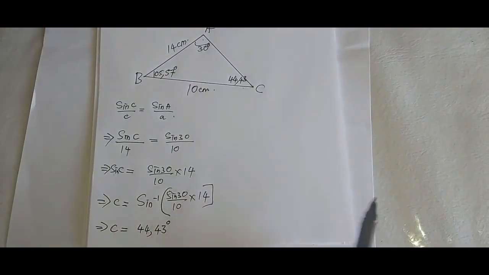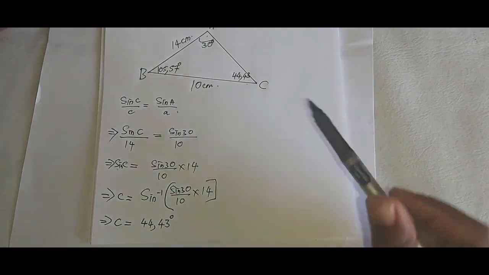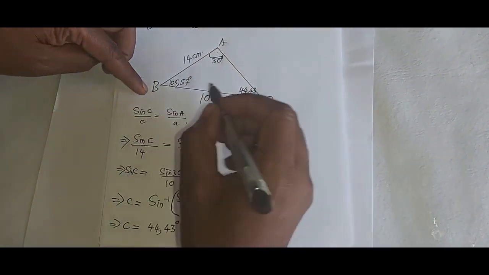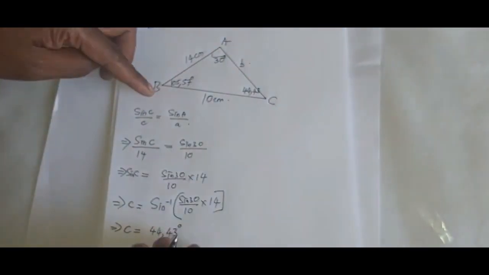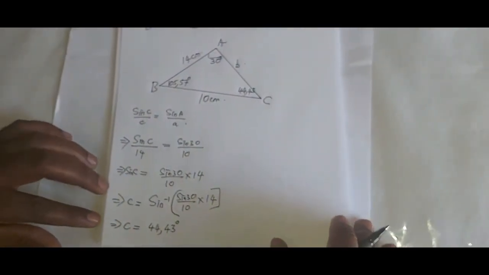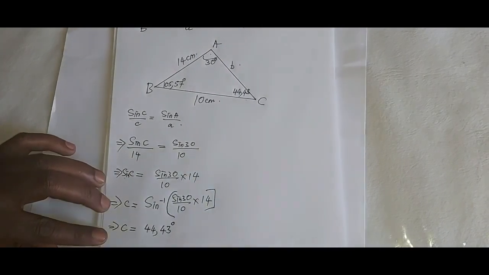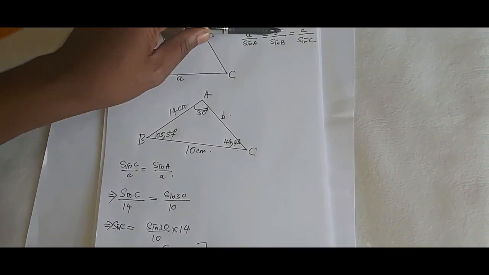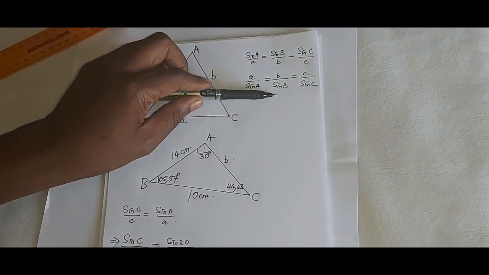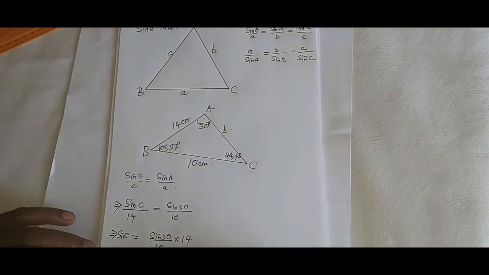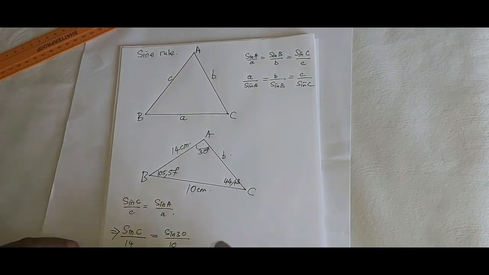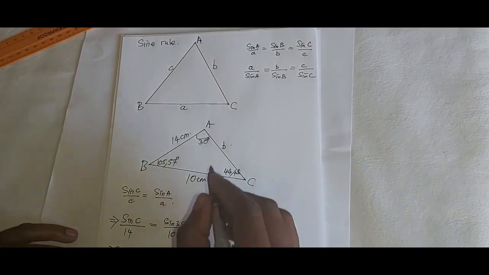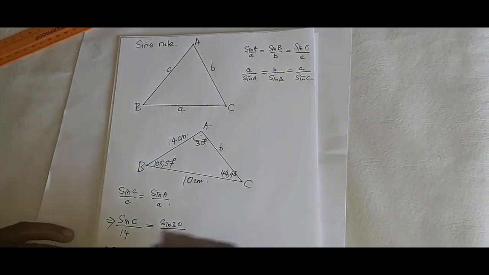Now the only thing missing is side AC, which is opposite B, so I'll call it side b. To find side b, again we use the sine rule, and here we must use the bottom formula, because I'm looking for an unknown side. That which you are finding, you must write first.